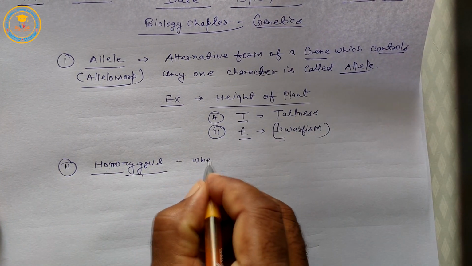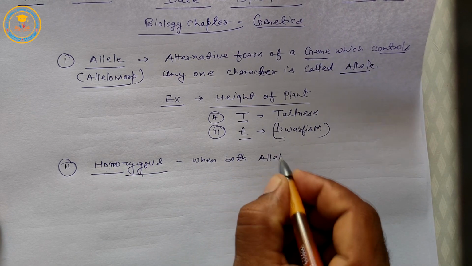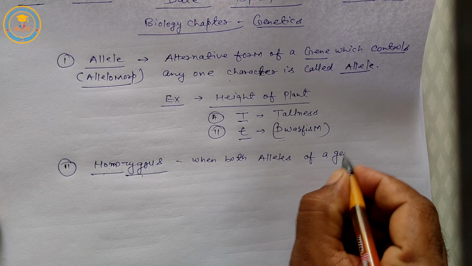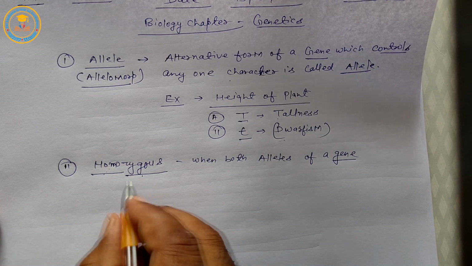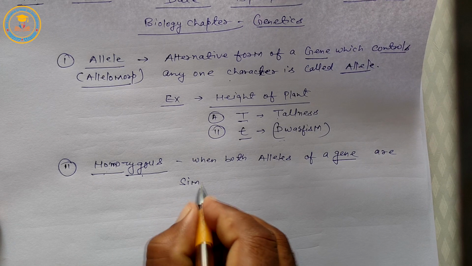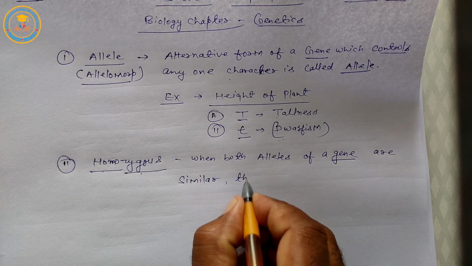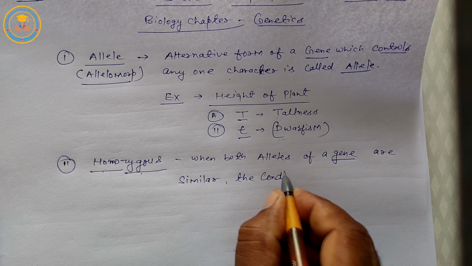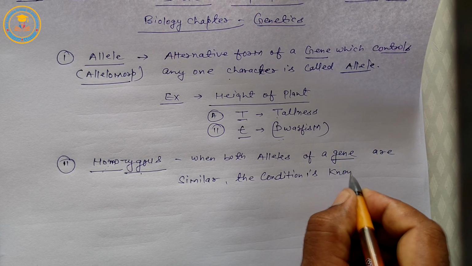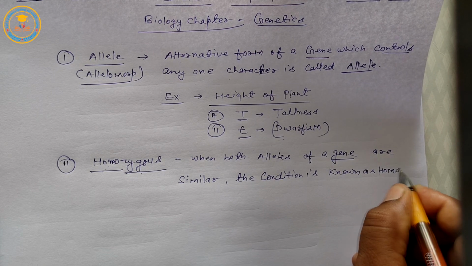When both alleles of a gene are similar, the condition is known as homozygous.